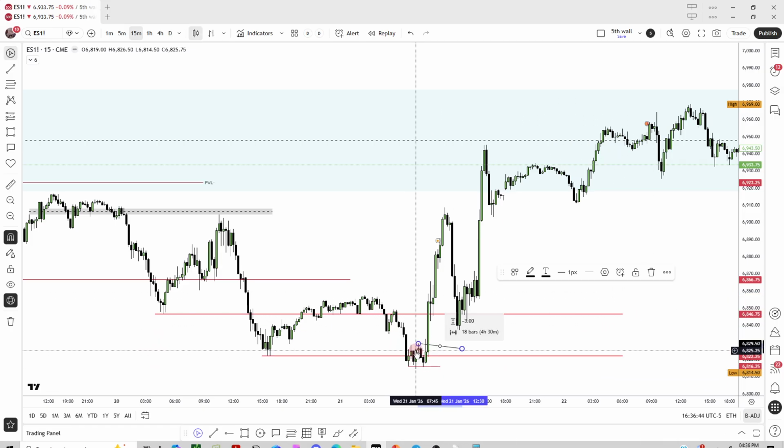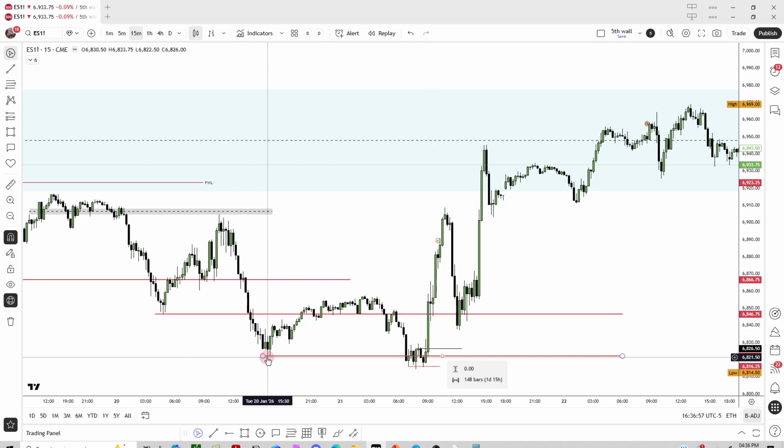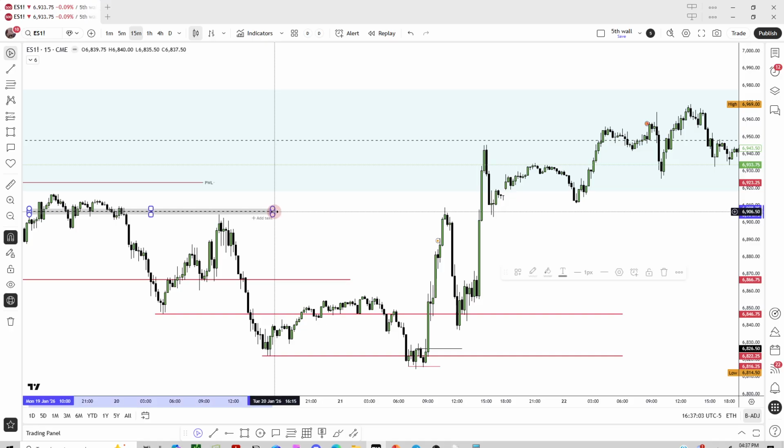This high, really? Well, whatever high you want to choose, but I would say this high here, the one that ran the stops. So this would have got you into the trade, then retest of that low, and then this is your momentum trade. Trade it right back into this imbalance, this bearish, this inverted 1 hour fair value gap.